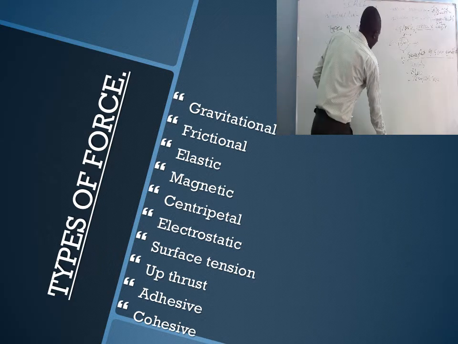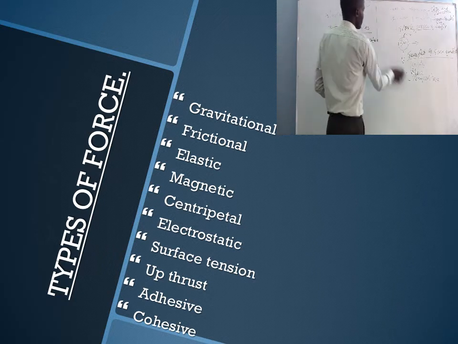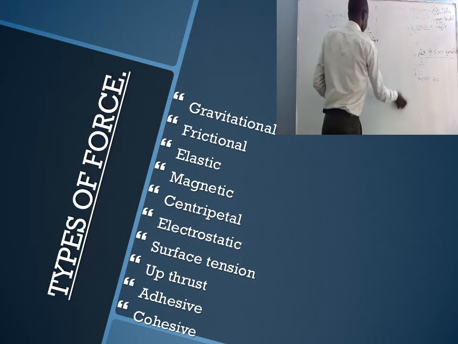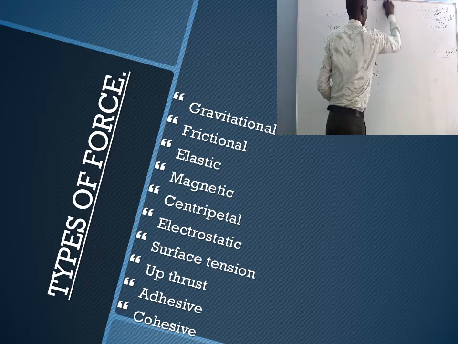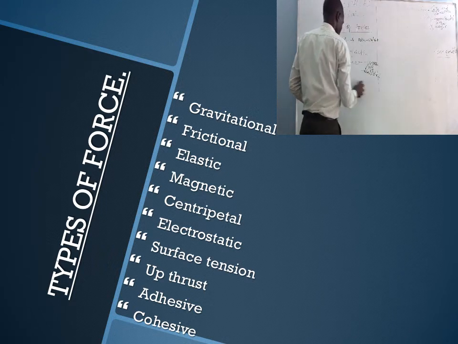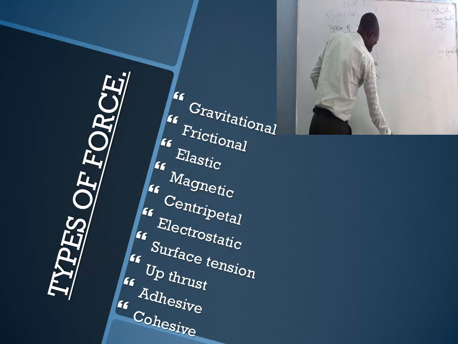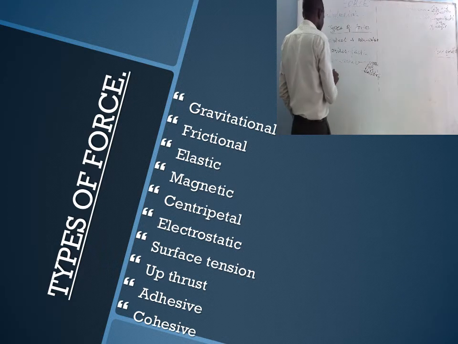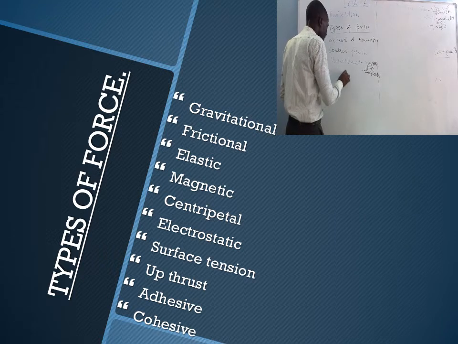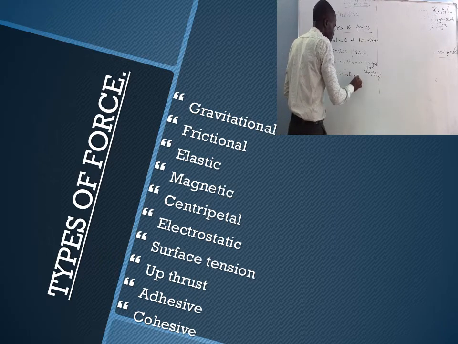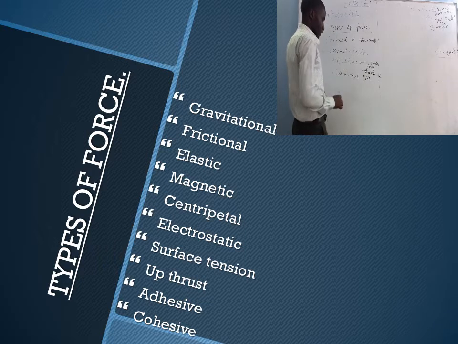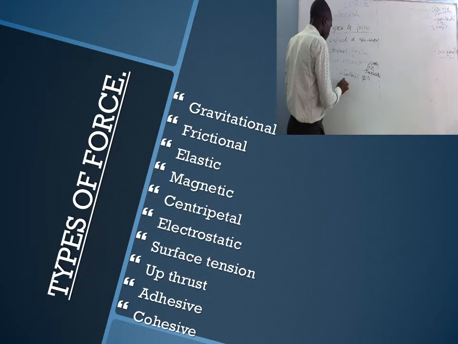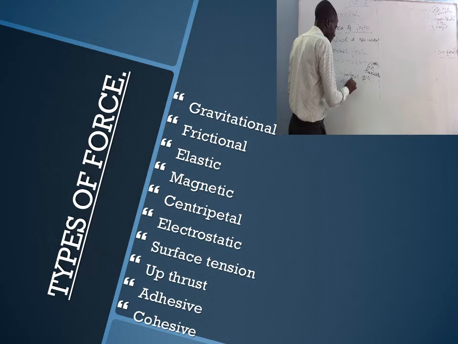So therefore, what are the types of forces? The first type of force is referred to as the gravitational force. Then the second one is the frictional force or the force of friction.